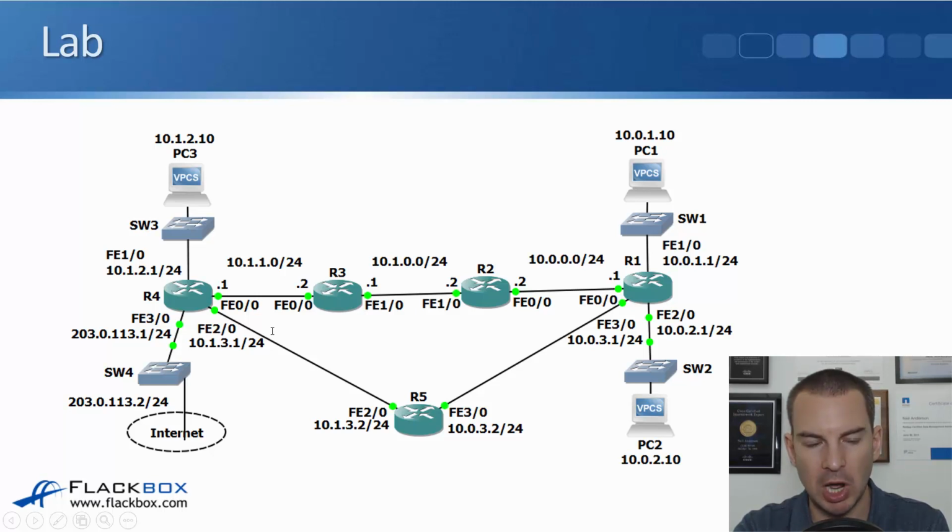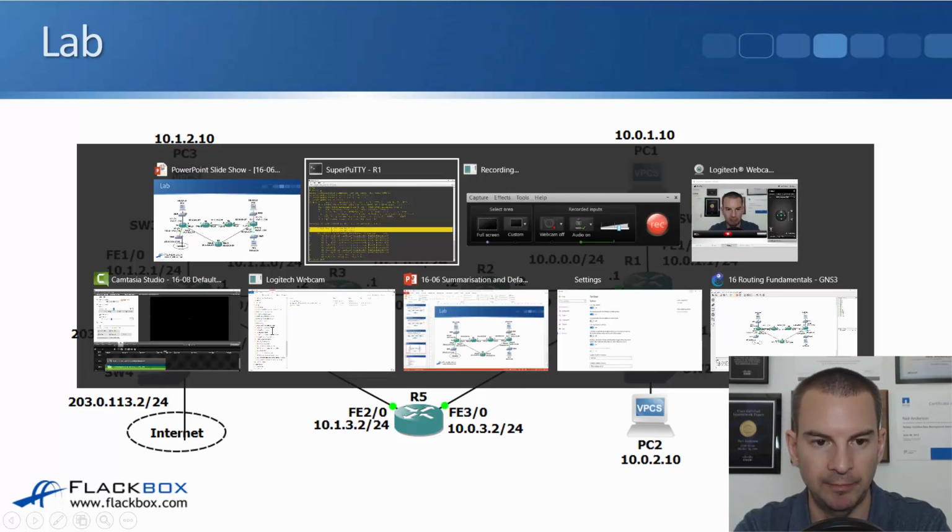However, if we look on R4, I'm not doing load balancing on there yet. So I'll verify that first. And then what I'm going to do is I'm going to do two routes from R4 getting back to the 10.0.1 network and the 10.0.2 network. I'll send one via R3 and I'll send the other one via R5.